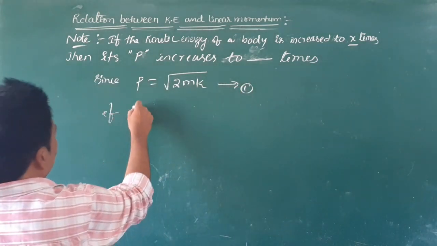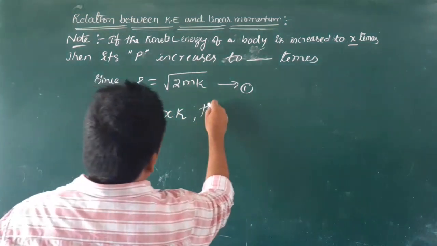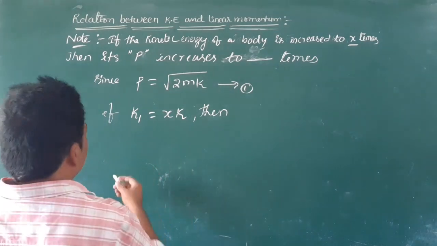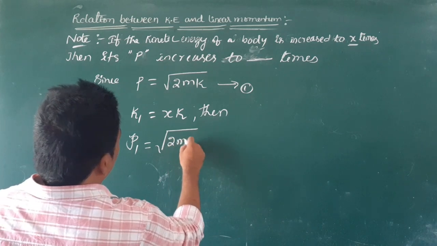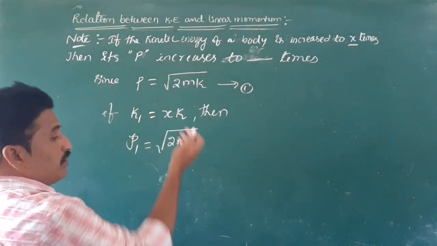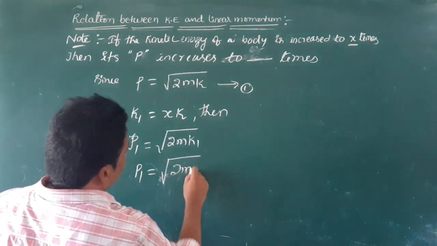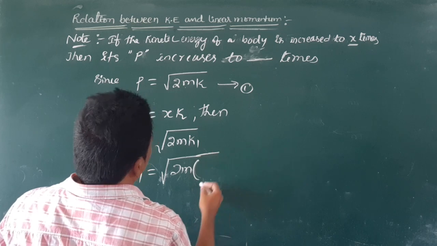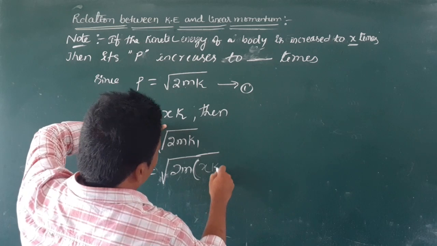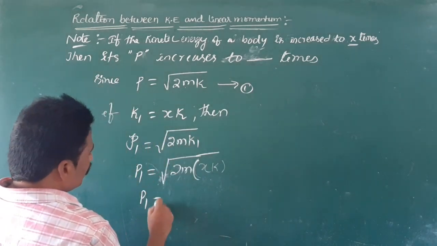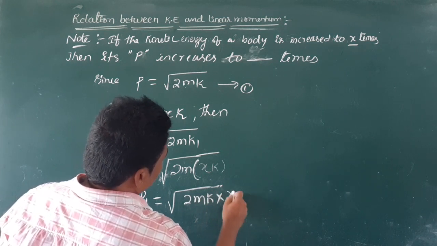If kinetic energy is increased to x times, students, then its momentum P1 is equal to square root of 2mK1. Here masses are equal because it is the same body. So P1 is equal to square root of 2m into xK, which is the square root of 2mK into x.